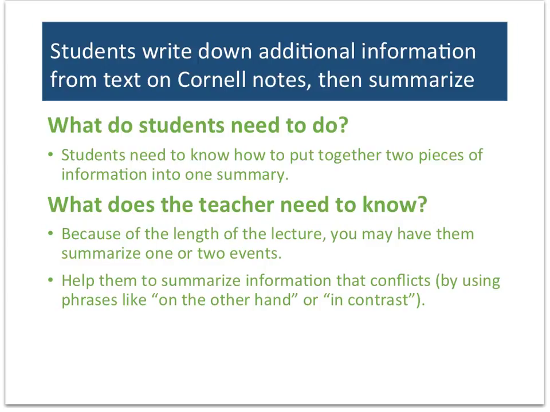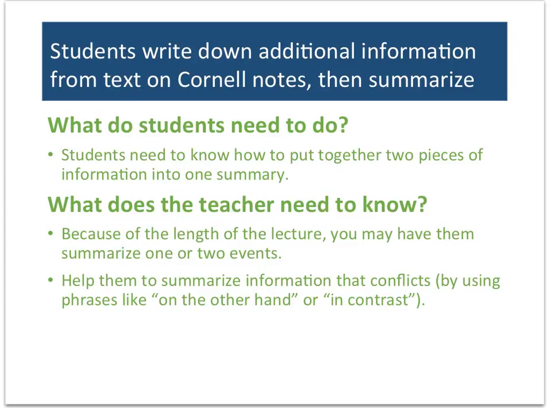What do you need to know? Well, because of the length of the lecture, you may have them summarize only 1 or 2 events. This will save time, and it'll still give them enough practice in taking information from one place and then synthesizing it with information in another place.